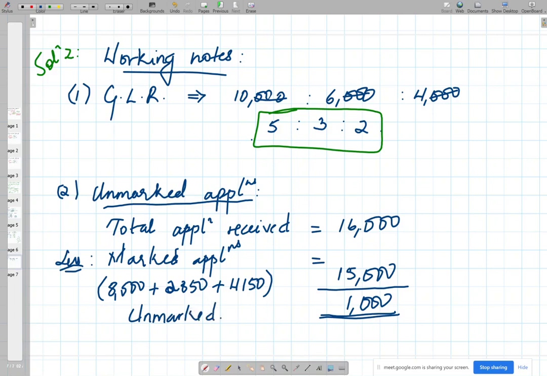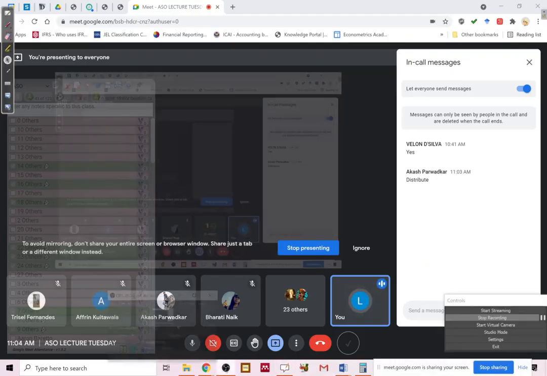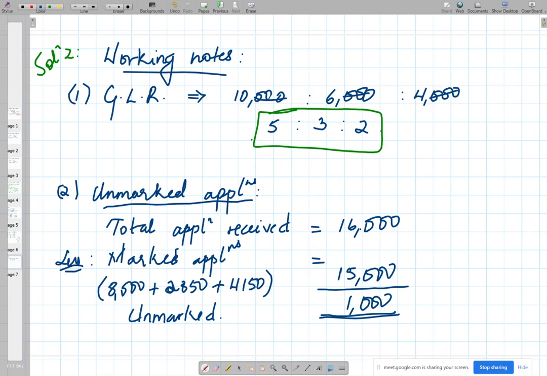Okay, unmarked applications 1,000. Now, you need to distribute the unmarked applications in the gross liability ratio. This 1,000 in the gross liability ratio, which we have calculated as 5:3:2. Okay, so I'll just write it here itself instead of continuing on another page. In case of A, B and C, how do you calculate? 1,000 multiplied by 5 divided by 10. 5:3:2, right? 5, 6, 7, 8, 9, 10.